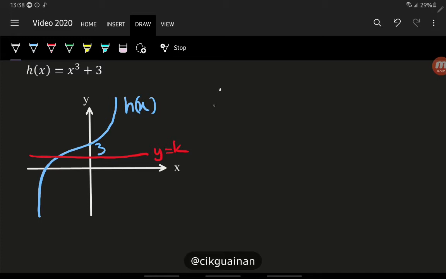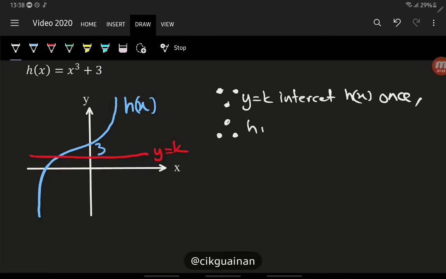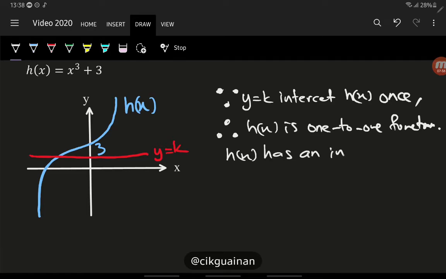So since y equals k intersects h(x) once, therefore h(x) is a one-to-one function. h(x) has an inverse.